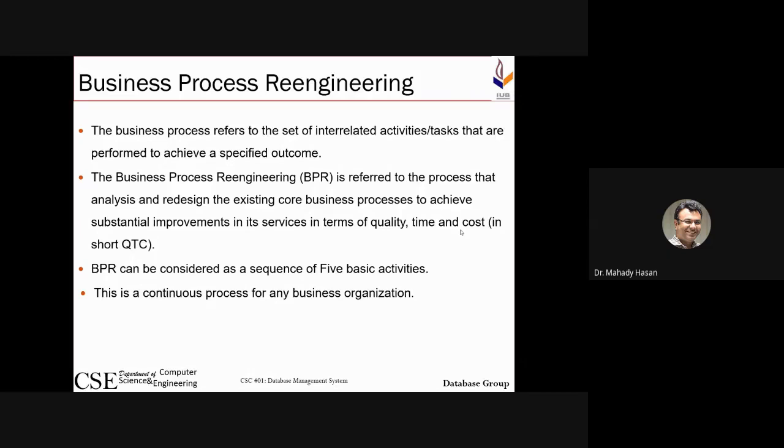Now, can you justify how we can decrease the cost and increase the quality? Is it proportionate to each other? No, sir. So what do you think? If I want to increase quality, what will happen?